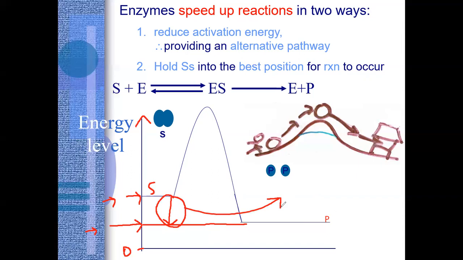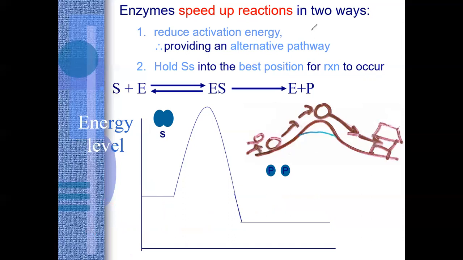Can you see that? Okay, so that's how you read whether a reaction is exergonic or endergonic. Exergonic means release energy. Endergonic means it will take in energy. If it takes in energy, your product should be here. So from substrate, you have to take this amount of energy in order to form product.